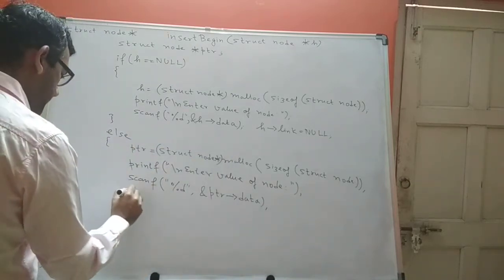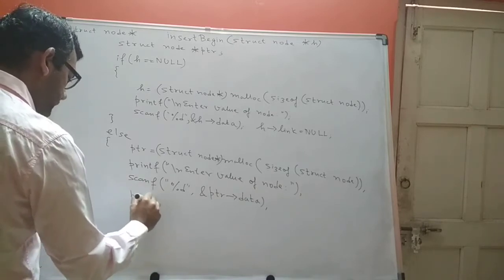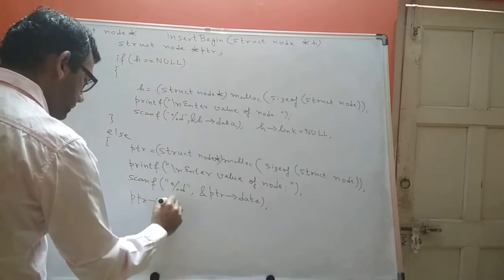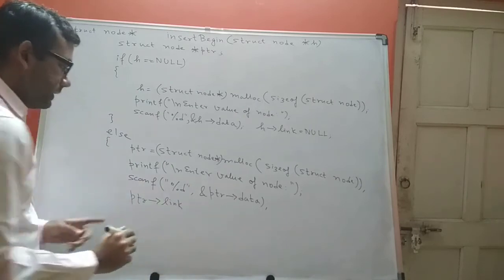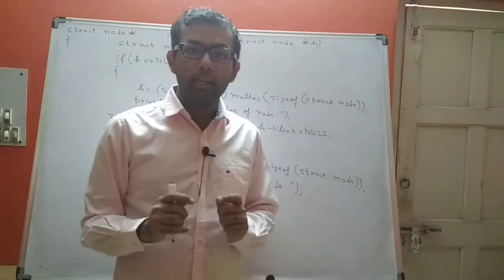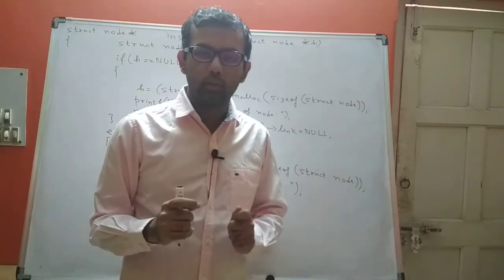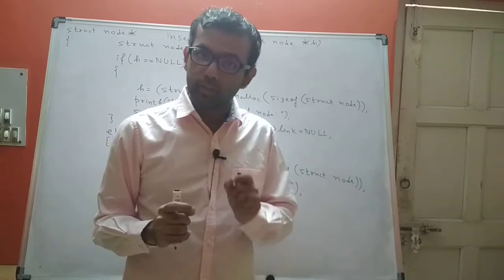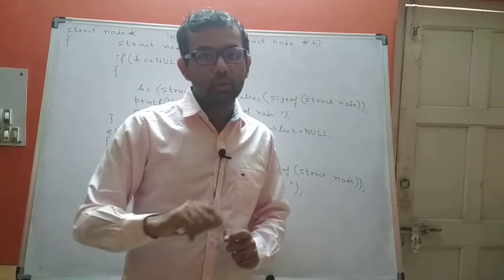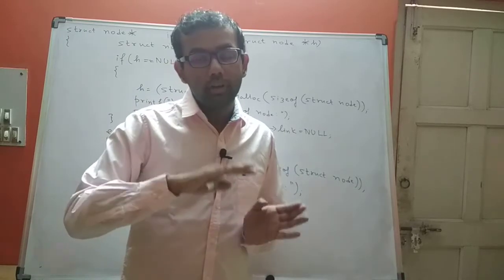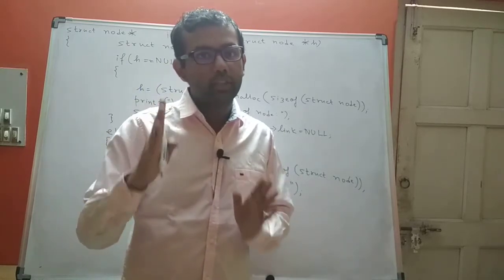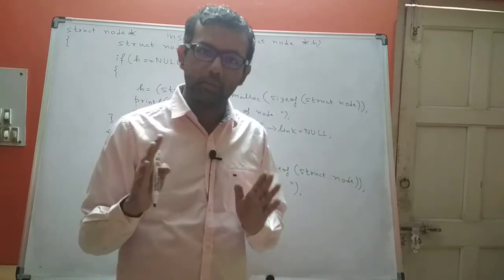We say that the link part of this newly created node, since this newly created node will be my first node, this newly created node will be the new first node of my linked list. It should now point to the already existing first node of the linked list. See, I already have a linked list with me, right?